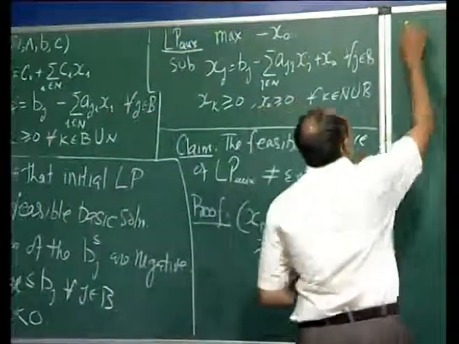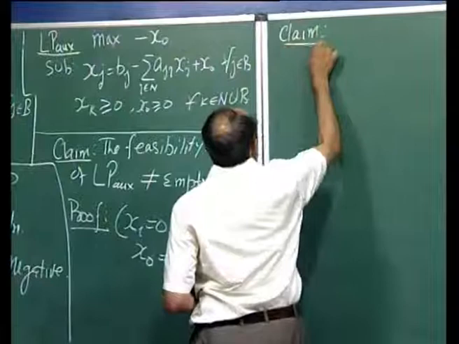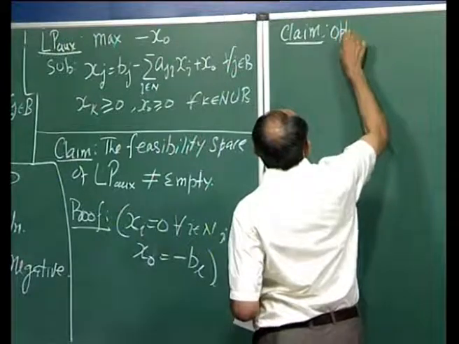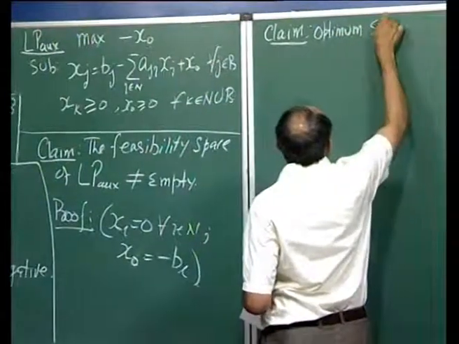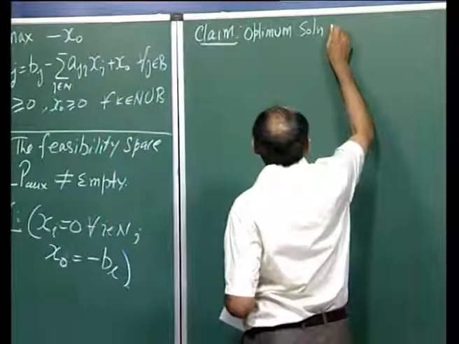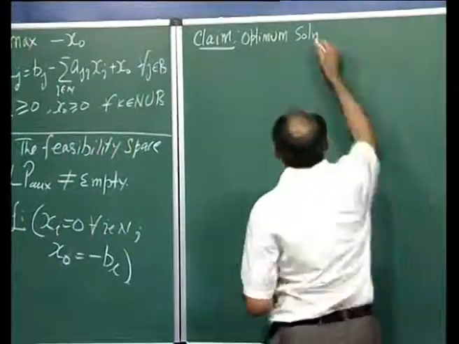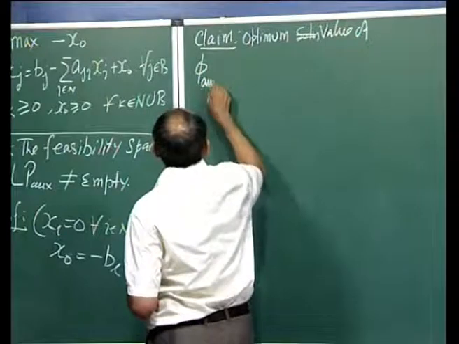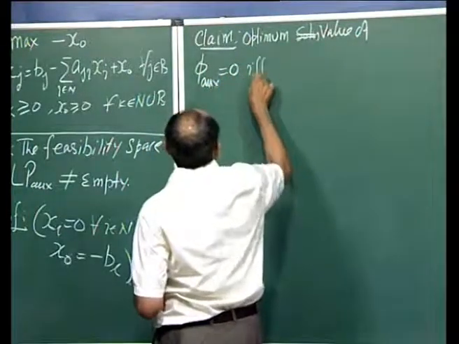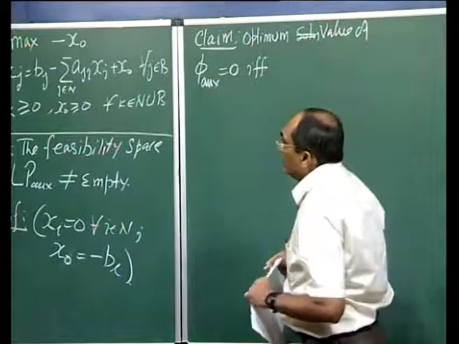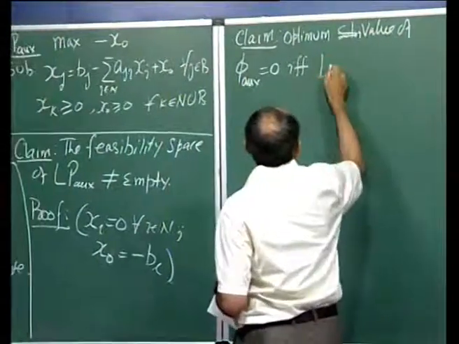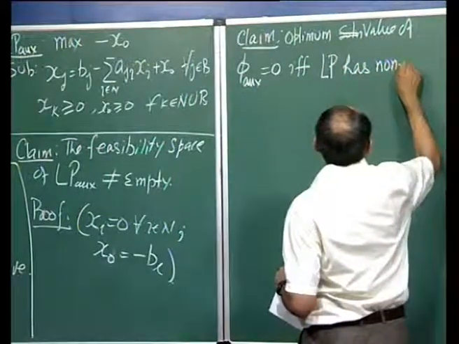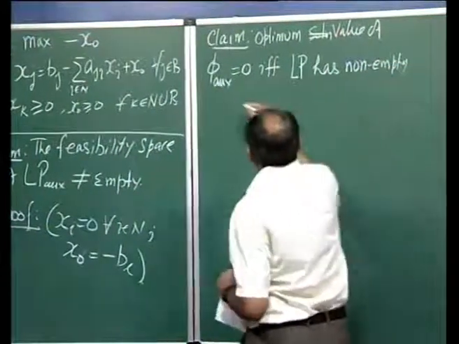Second claim we can make is that the optimum value of LP auxiliary is 0 if and only if the original LP has non-empty feasibility space.